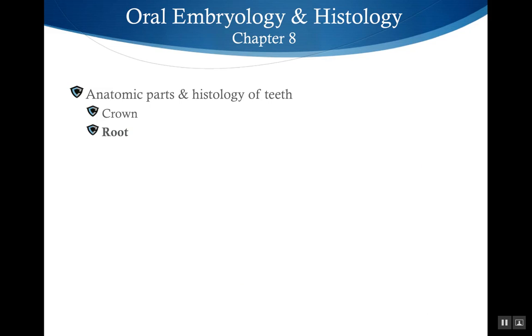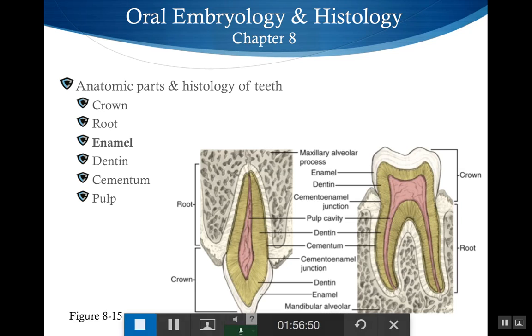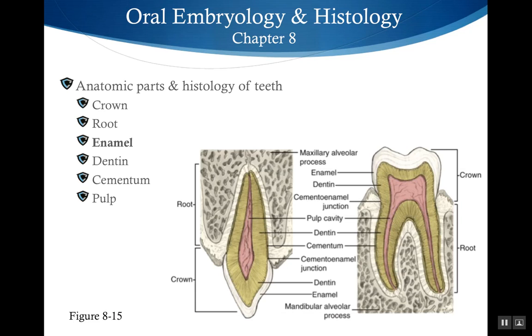So as we said earlier, the enamel covers the anatomical crown of the tooth. The enamel is the hardest material in the human body, and it allows us to crush, grind, and chew our food. That enamel covers the underlying dentin, which is much softer.